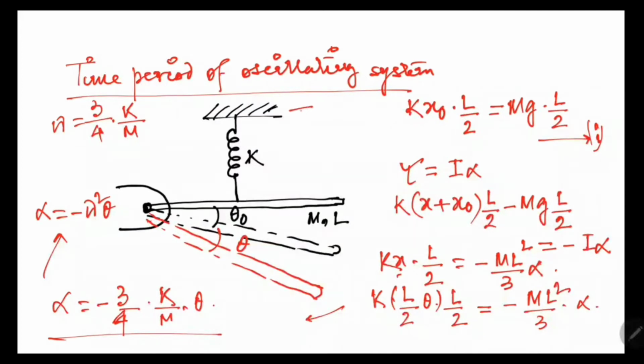Then the time period equals 2 pi by omega, that means 2 pi into root over 4m by 3k. This is the time period of the oscillating system, and this is method number 1.